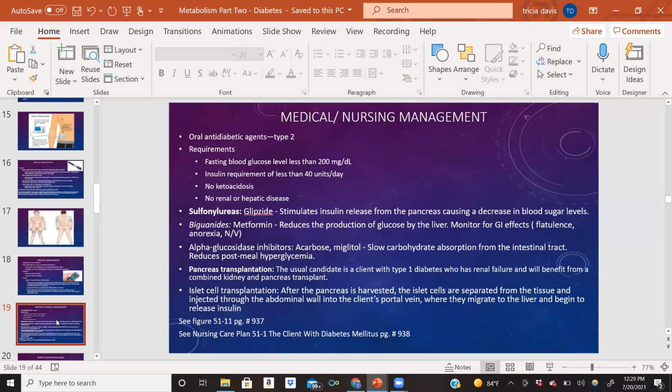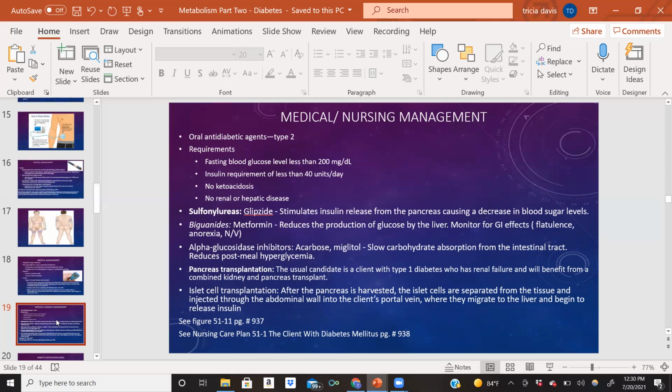We have a couple different kinds. We have sulfonylureas, we have biguanides, we have alpha glucosidase inhibitors. The sulfonylureas, one of the main medications in that category is glipizide.